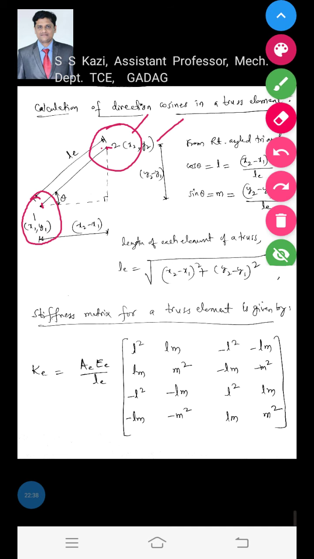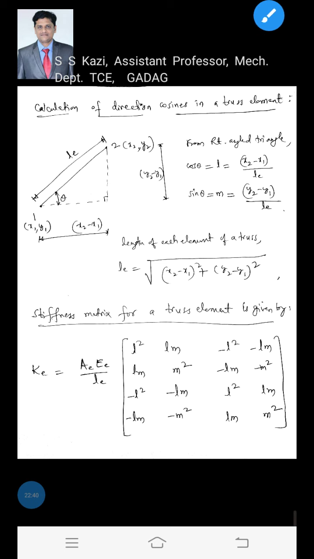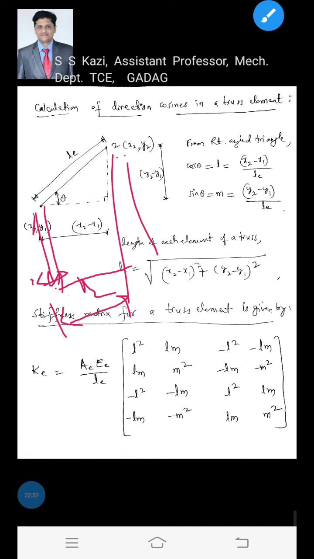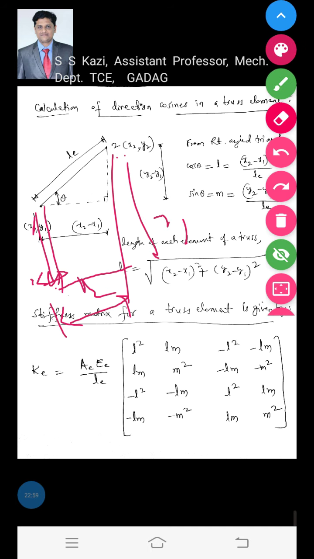Let us say the origin is here, and this is x1 and this is y1. For node 2, from the origin it is x2, and from the origin it is y2, like this.